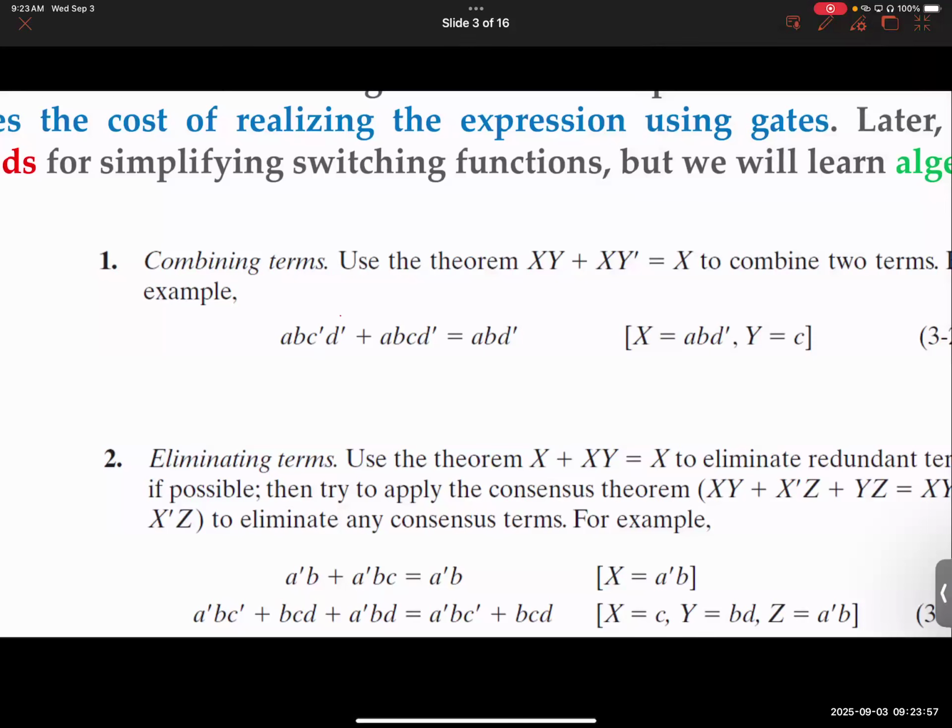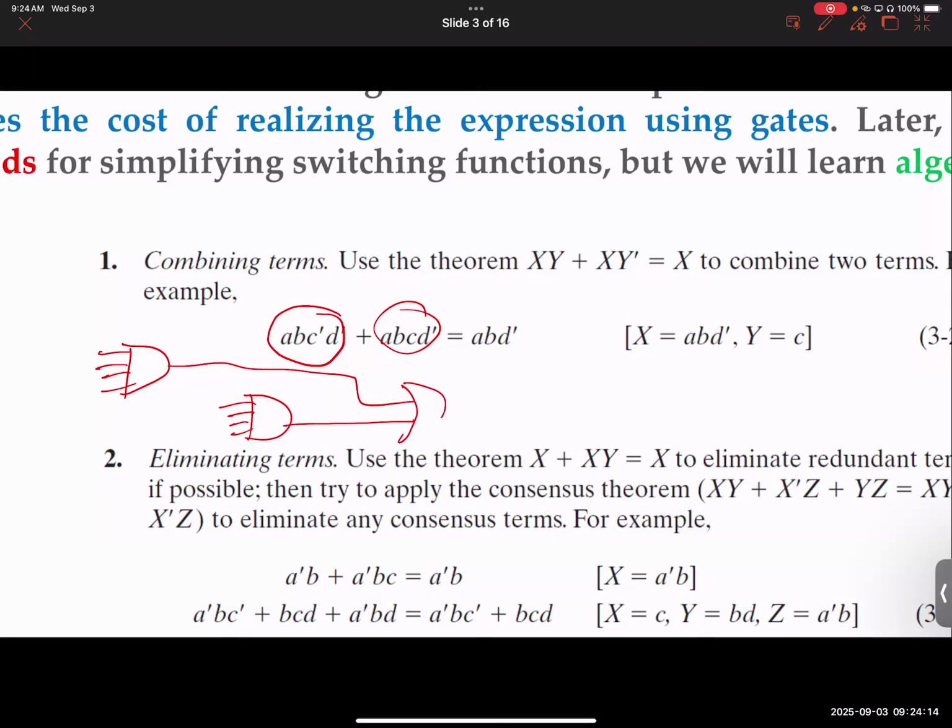Yes, to implement this, you need an AND gate with 4 inputs, and then for this, you need an AND gate with 4 inputs. If you are using 2-input AND gates, then you'll need 2 of them, 2 and 2. Anyways, you then take the output of both of them and OR it together. But now after you simplify, all you need is a 3-input AND gate. Done.